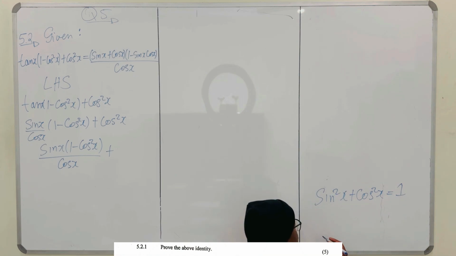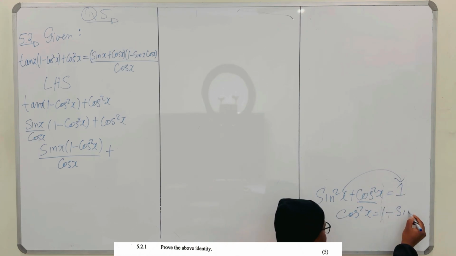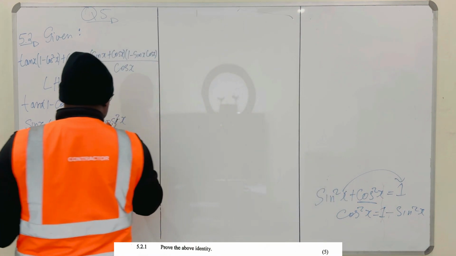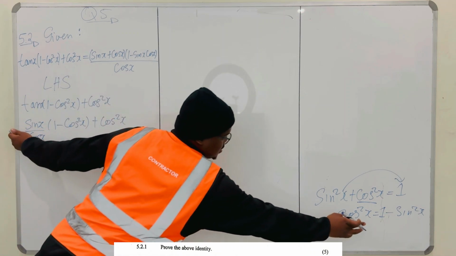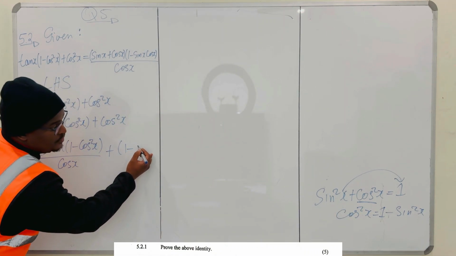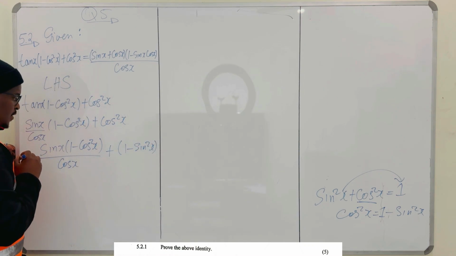So if you solve for cos squared x and transpose, cos squared x is equal to 1 minus sine squared x. So where you see a cos squared x, you can put that identity over there, which is 1 minus sine squared x here.